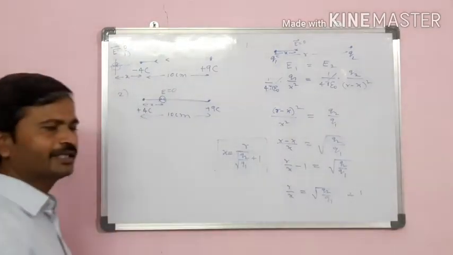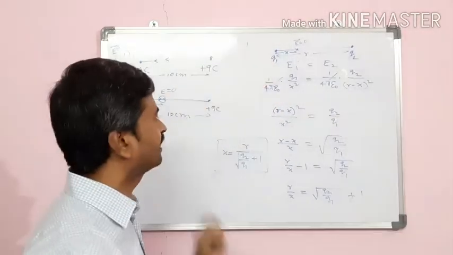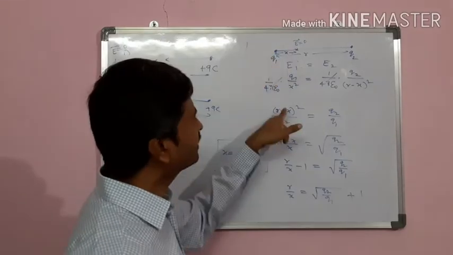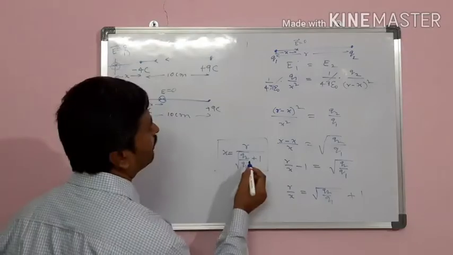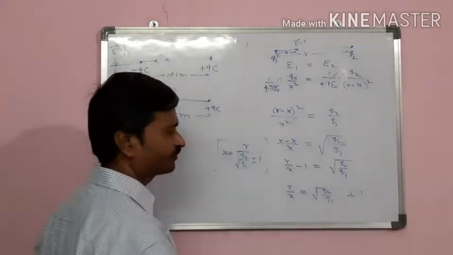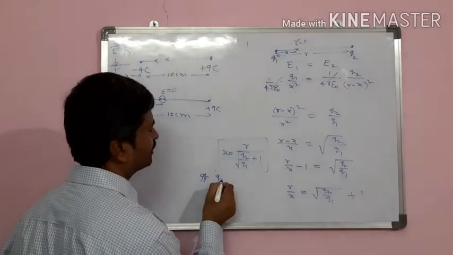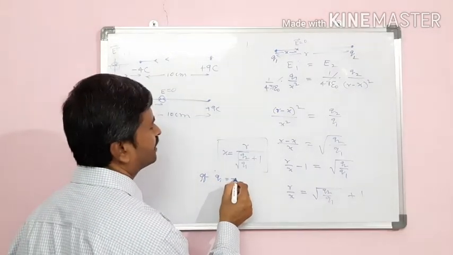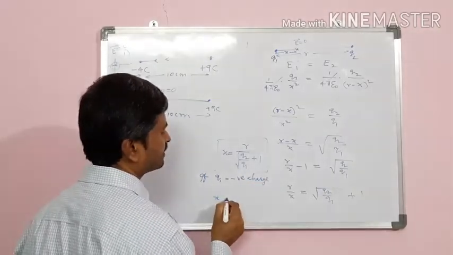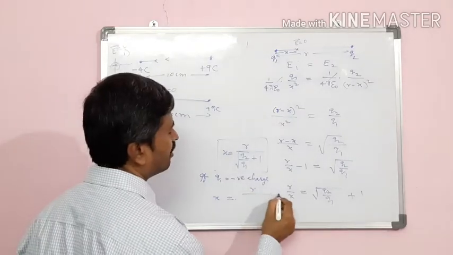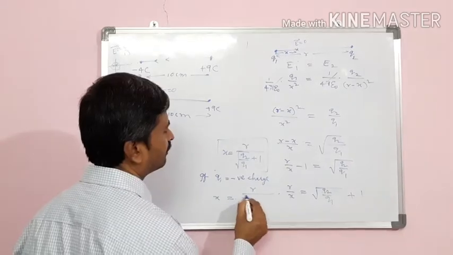And the second case, if q1 is minus sign, then obviously plus x here it will become plus, then there it will become minus 1. Right? Let me write. If q1 is negative charge, then you can say x is equal to r divided by square root of q2 by q1 minus 1.